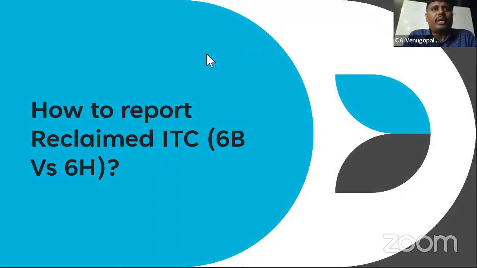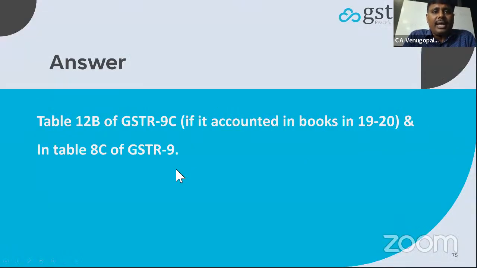The reporting of a reclaimed input tax credit, which is 6B versus 6H. In 12B of 9C, this is reconciliation with the books, and 8C of 9, it is reconciliation with the GSTR 9.